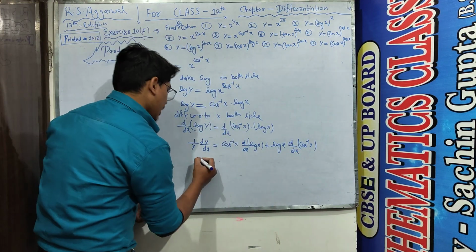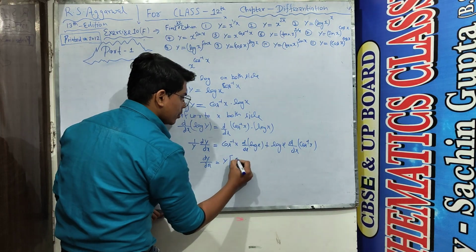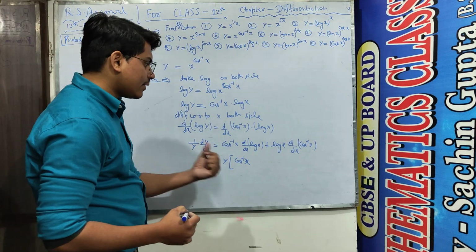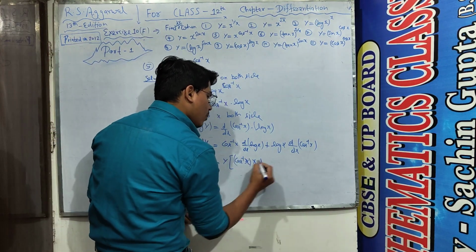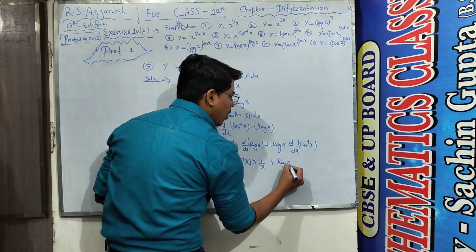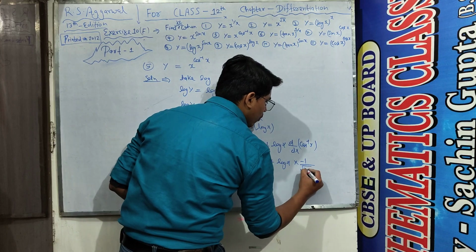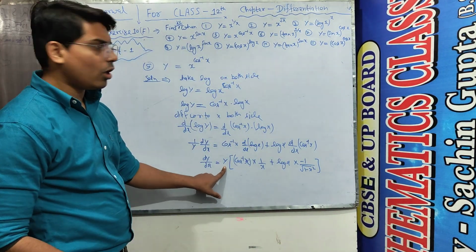Now this y goes on the right hand side in the multiplication. This cos inverse x I write as well as the differential of log x, which is 1 upon x, plus log x comes as well as the differential of cos inverse x, which is minus 1 upon under root 1 minus x square. Now here I put the value of y.